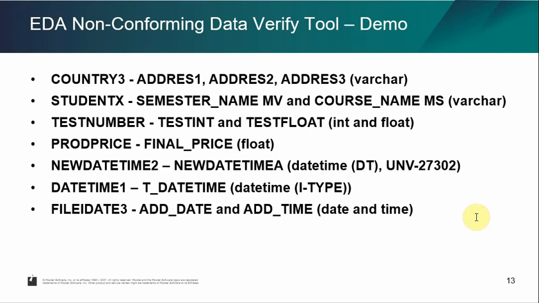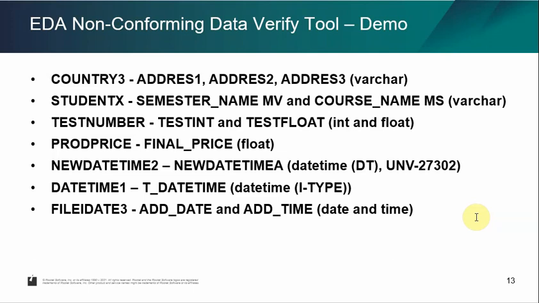For the new datetime tool, the tool itself can check the DT field, but the DT field implementation for EDA is not finished. It will be UMV 27302. I will show you that every field goes to non-conforming. But another file, similar, called datetime 1, has a T datetime field.